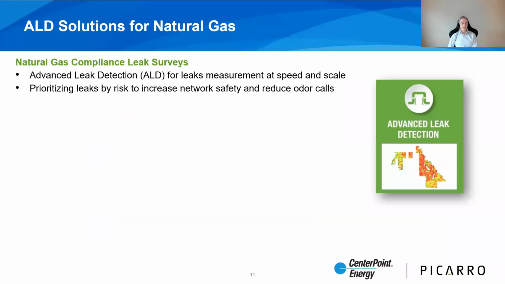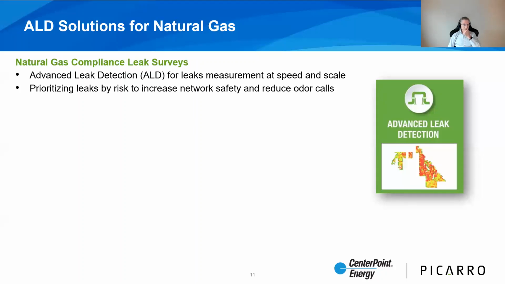So I just wanted to spend a minute talking about this. So the first application, I would say, has been the legacy application for Picarro: powering advanced compliance leak surveys. ALD can be used for leak detection and reporting at speed and scale. And the risk ranking analytics package can let the operator prioritize leaks by risk.